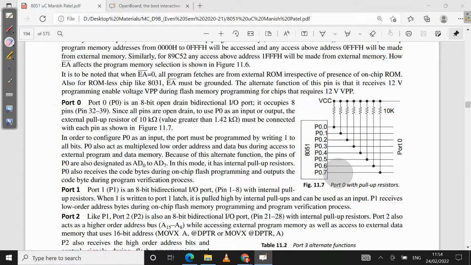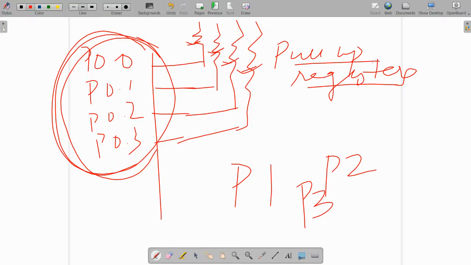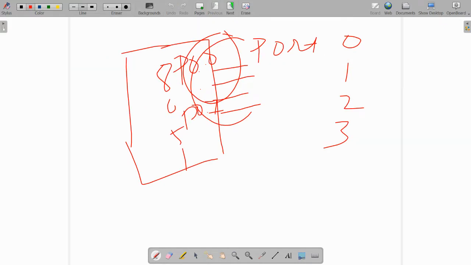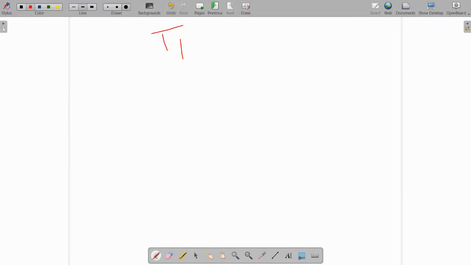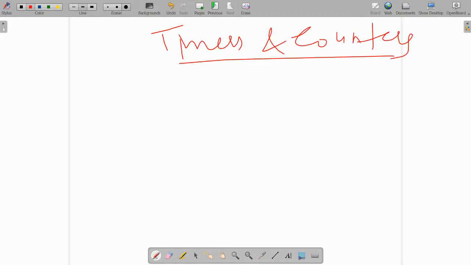So come to our explanation about the previous one, timers and counters. So when you talk about timers and counters, this is important.